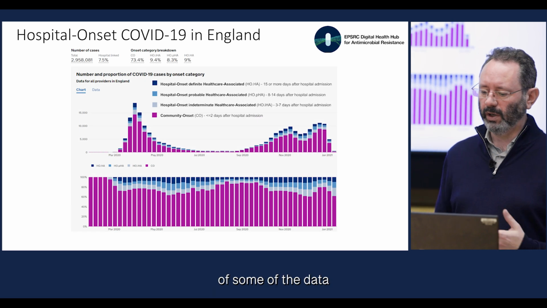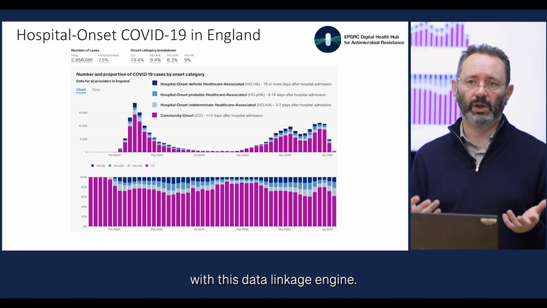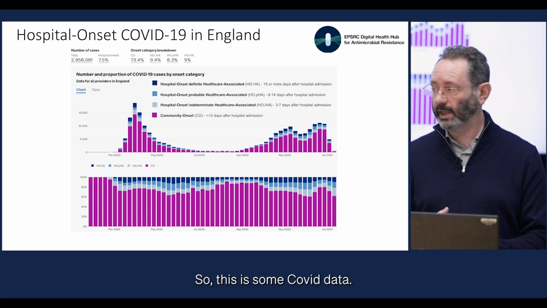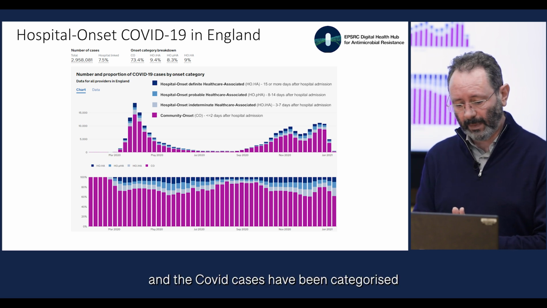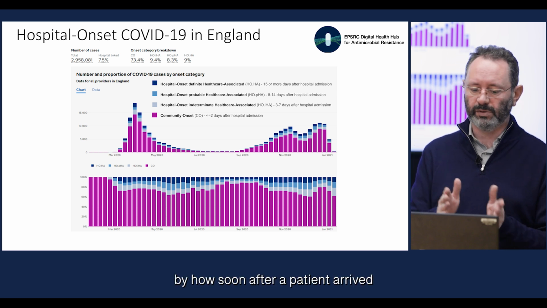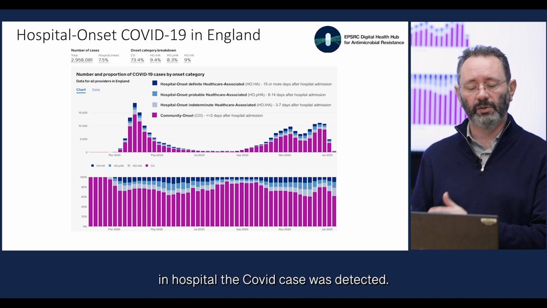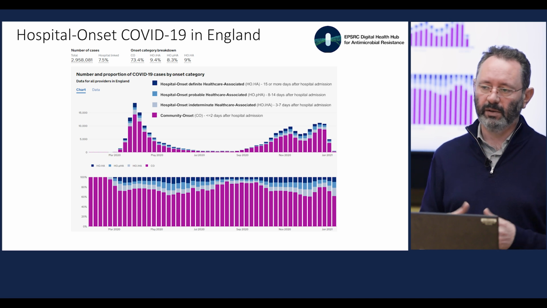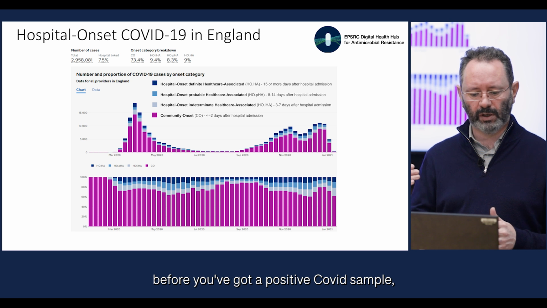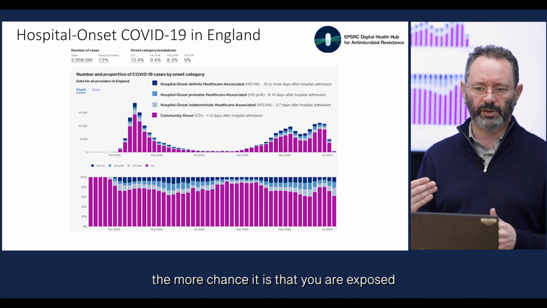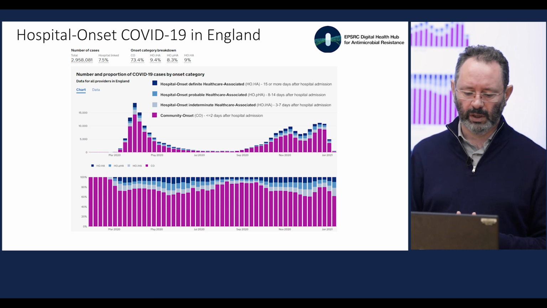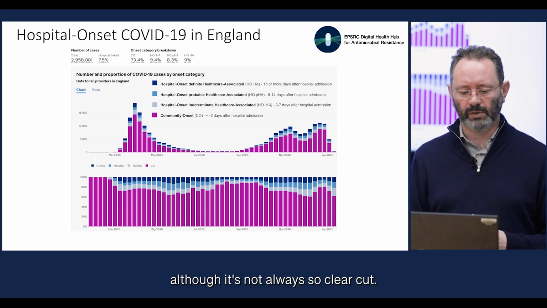And here's an example of some of the data we were able to put together with this data linkage engine. So this is some COVID data you can see, and the COVID cases have been categorized by how soon after a patient arrived in hospital the COVID case was detected. The idea being the longer you've been in hospital before you've got a positive COVID sample, the more chance it is that you were exposed to COVID within the hospital environment, although it's not always so clear cut.